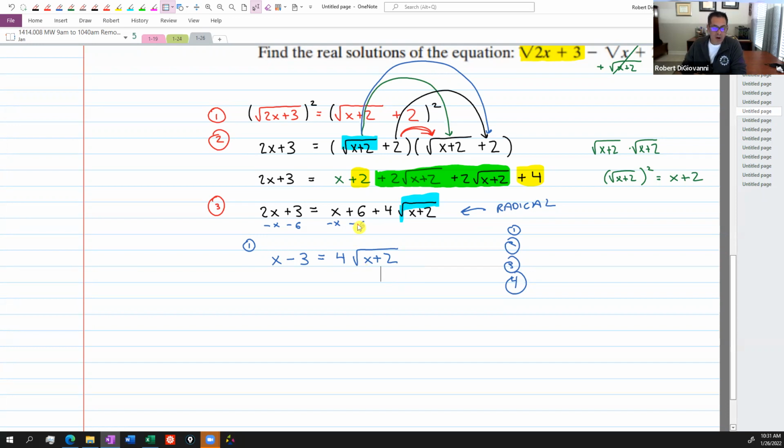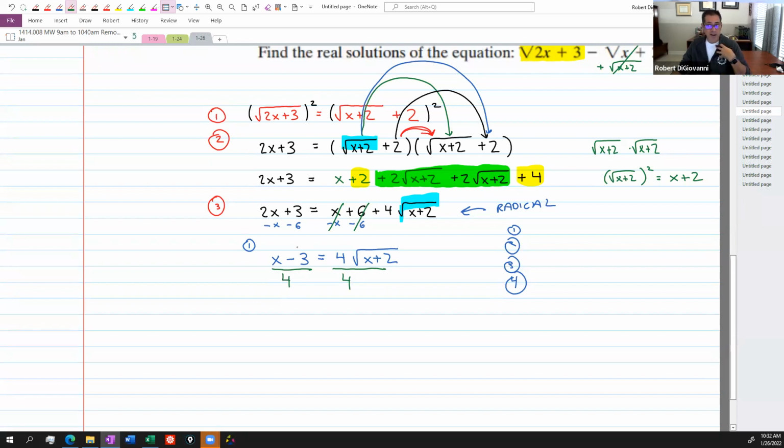Are there any questions on what I just did there? Just getting rid of the x's and the 6, bringing them to the other side. We almost have the radical by itself, right? Almost. Do y'all see there's a 4 in front of it? So I have a choice here. I can divide both sides by 4 right now.